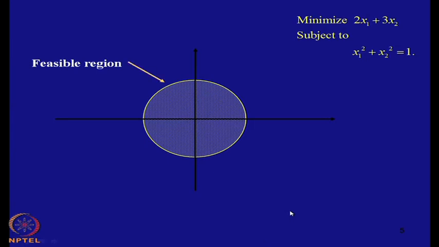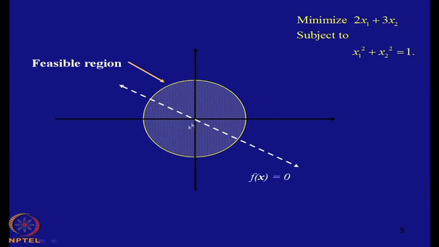At the point where x1 = 0 and x2 = 0, the functional value of the objective function is 0, and this is the slope of the objective function. If the objective function moves this way, the functional value will increase, and if it moves in the reverse direction, the value of f(x) will decrease.